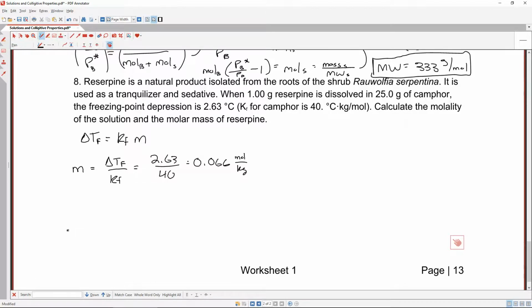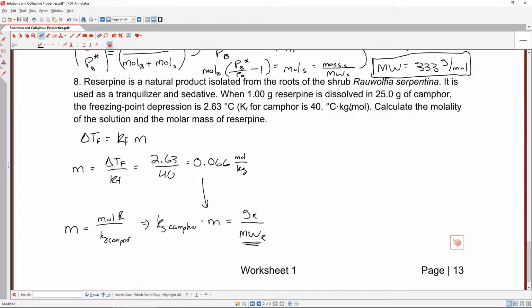So its molality is equal to moles of R per kilogram of, not water this time, camphor. I'm going to move the kilograms of camphor to the other side. So we have kilograms of camphor times m, and m is the same one that we saw up there. Moles of R is grams of R divided by the molar mass, the molecular weight of R, which is what we're looking for.